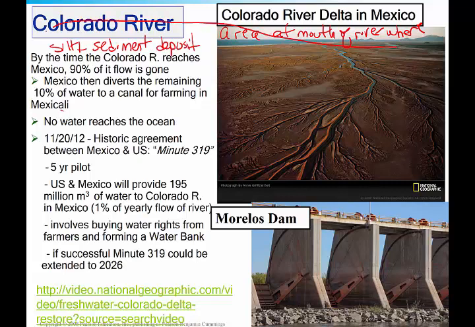Okay, I'm going to just continue that over here. You can see the river comes along here, and then what you're seeing really is deposits of sediment and silt, and this can build up.